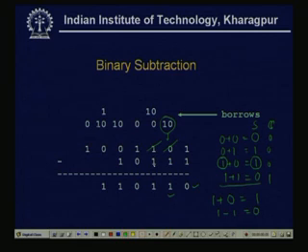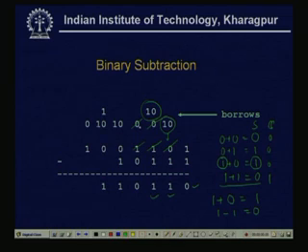So, this becomes 0. So, now again 1 I have to subtract from 0. So, again it should be borrowed and this is 1 0. So, again it is 1 and it is again borrowed. So, this becomes 0. Now, see 0 and 0.